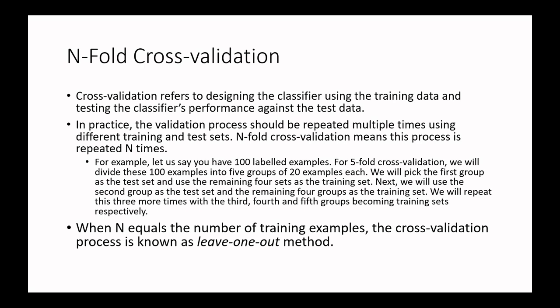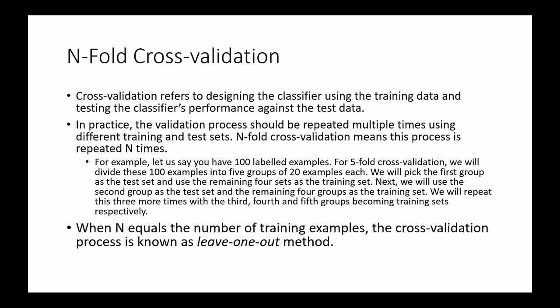Then you come back and say, what I'm going to do next is make my second set of 100 examples my test set, the third set of 100 my validation set, and the remaining examples my training set. Again, I'll repeat the process.